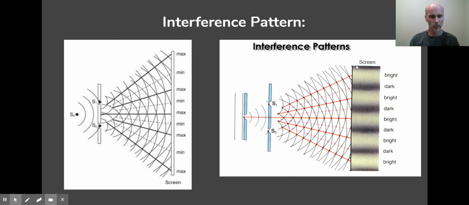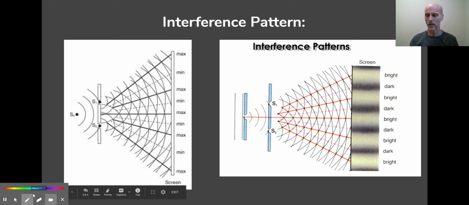But if you put a screen a distance away from your sources, you get these alternating sections of bright and dark lines. The bright points are places where crest meets crest, making huge crests, and trough meets trough, making huge troughs, and that moves towards the screen and eventually hits it here. So we see a bright spot, a region where the light would be very bright.